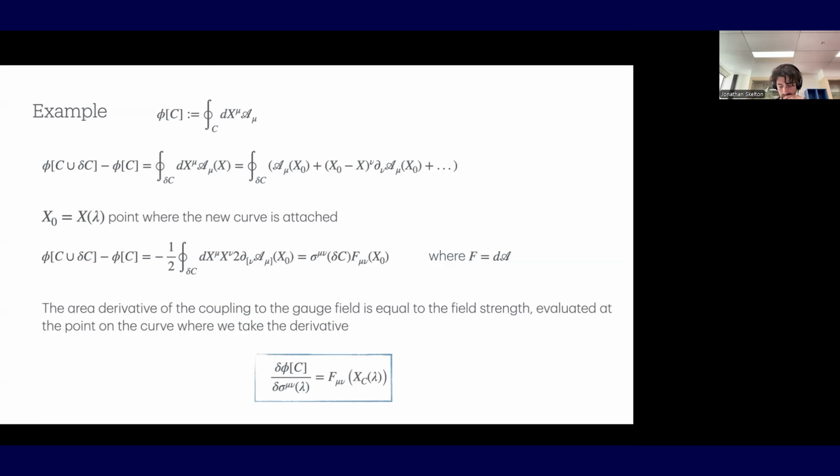So in the end, only the boundary will change, not the area inside. So you can rewrite the variation of the area with respect to this area derivative in terms of local objects, like the normal vector to the curve and the tangent vector to the curve. Sorry, I forgot to make a slide about it, but that's just in terms of local and non-local objects.